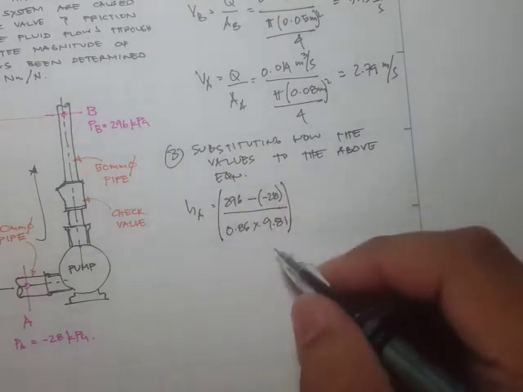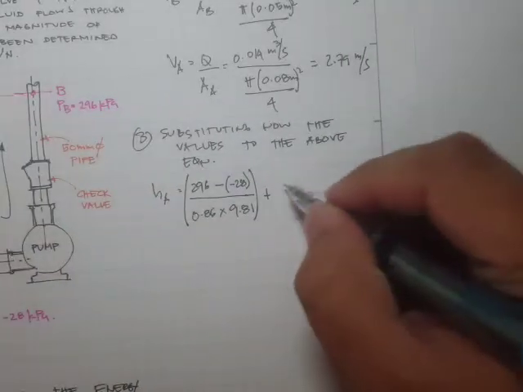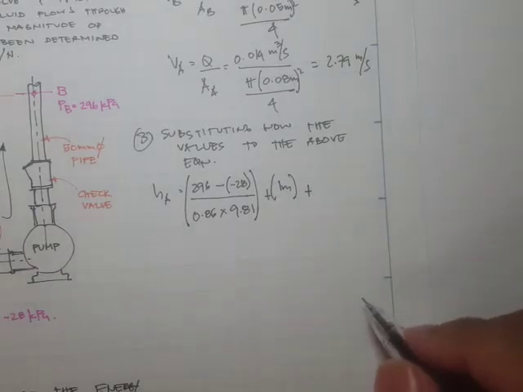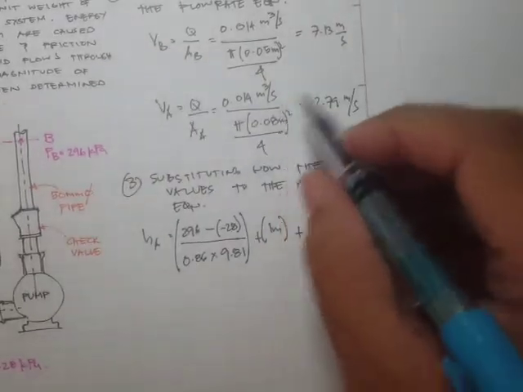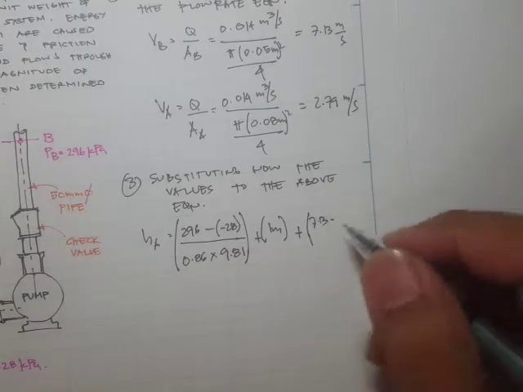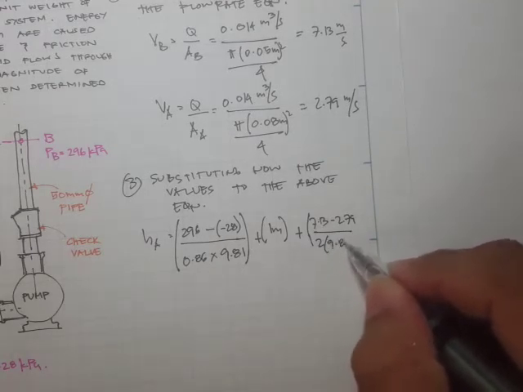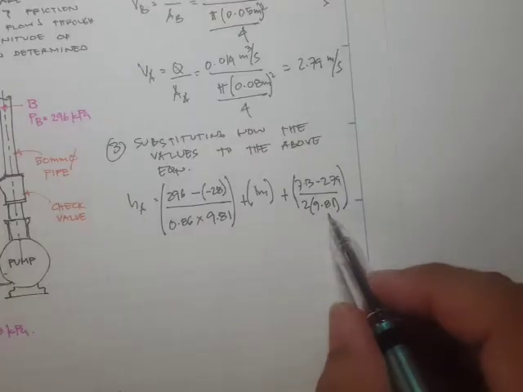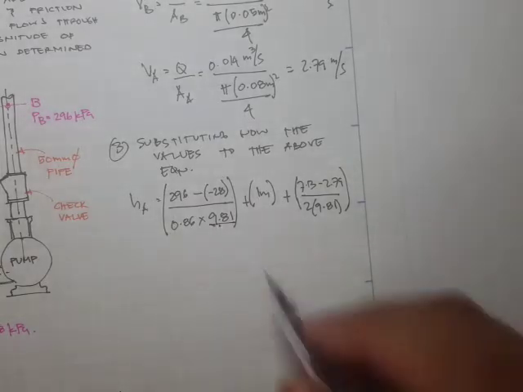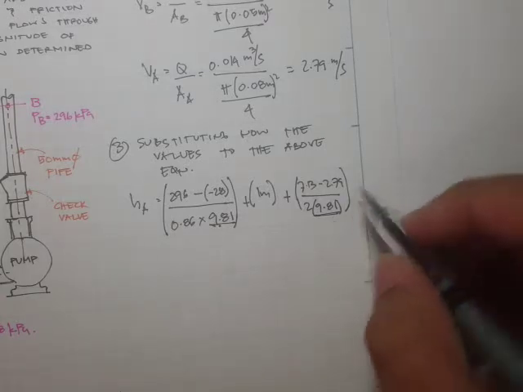Okay, so it is the pressure head plus the change in elevation, which is just simply 1 meter, right? Plus the change in the velocity head, that's V sub B, 7.13 minus 2.79 divided by 2 times 9.81, and again this 9.81 is different from this one. This one is the unit weight of water in kilonewtons per meter cube, whereas this one is the gravitational acceleration in meters per second squared.